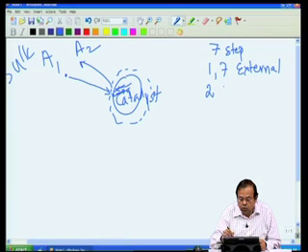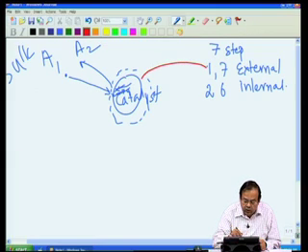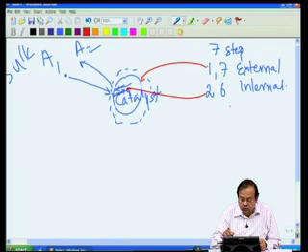Number 2 and 6, internal mass transfer. External mass transfer relates to transfer across this boundary. Internal mass transfer relates to how the transfer is taking place in the pores.